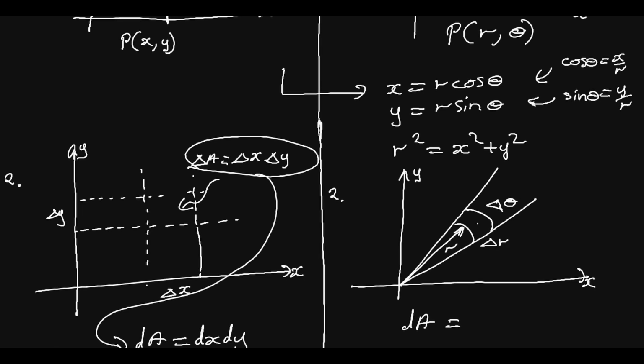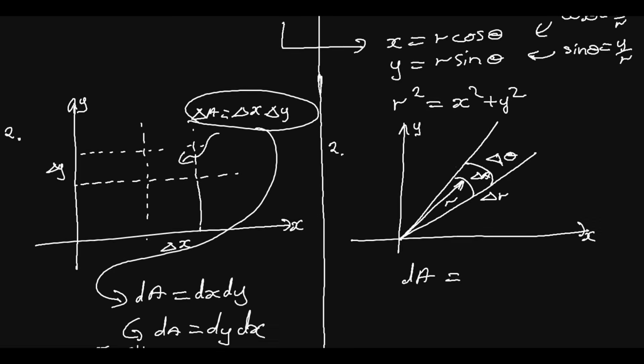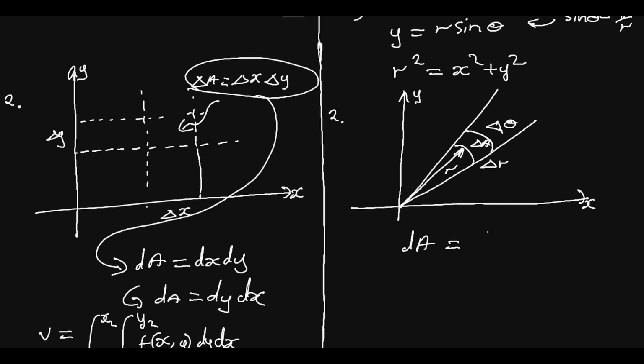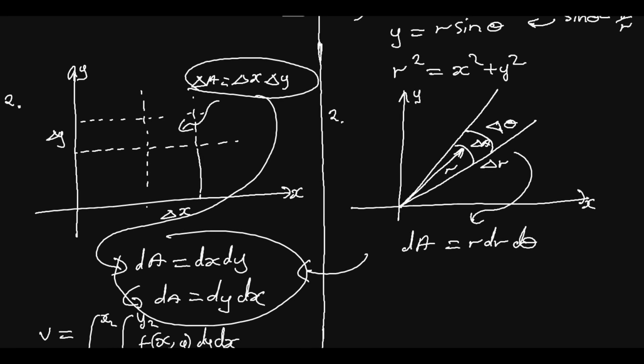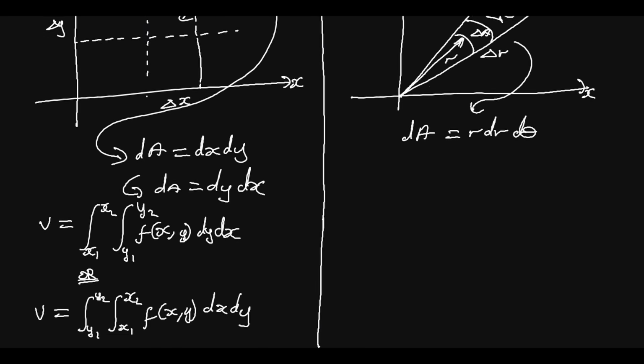Where is this delta A occurring? So when we develop this into the integral, it becomes r dr d theta. It never changes. Unlike the rectangular form where you can start with any variable, for the polar form it's always r first, theta is always a constant.